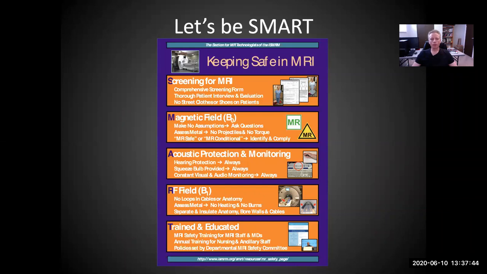you an overview, I'm going to be talking about screening for MRI and how we evaluate whether or not a patient has been properly screened to ensure they can go into the MR room.